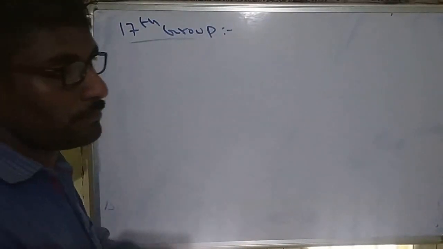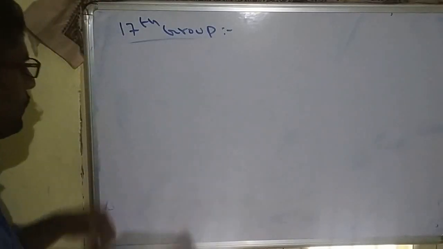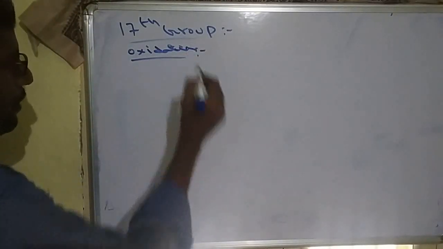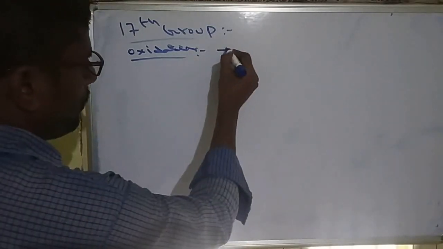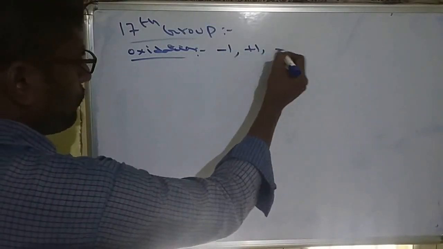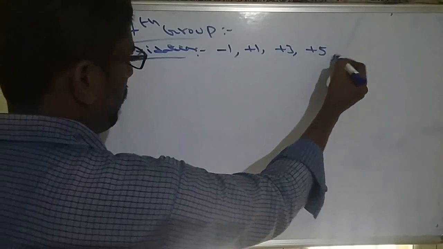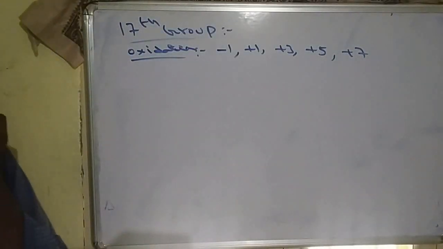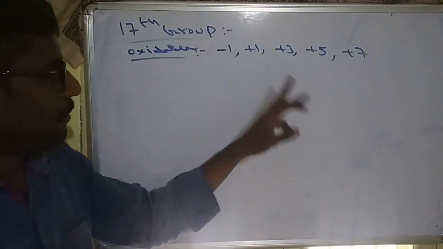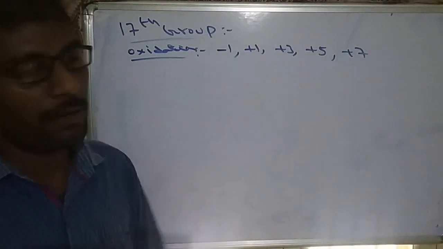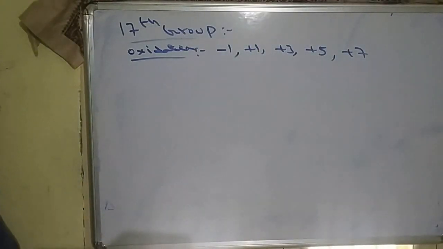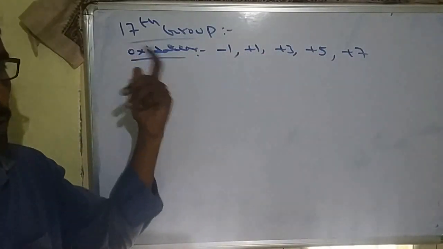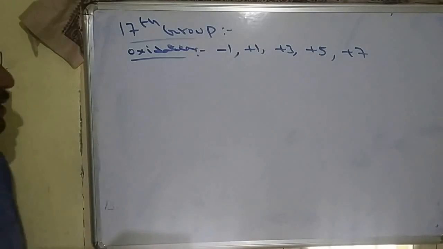Similarly, we go to chemical properties. Oxidation state: the common oxidation states of halogens are -1, +1, +3, +5, +7. What are these? Odd numbers: 1, 3, 5, 7. It depends upon the number of unpaired electrons. They can form 7 bonds, 5 bonds, 3 bonds, 1 bond. Charge will be -1 also, +1 also.